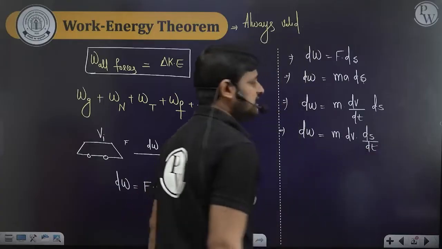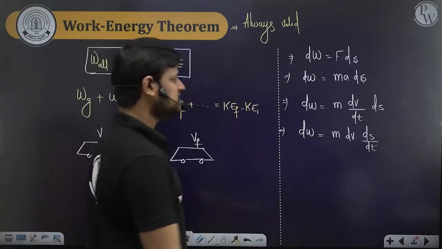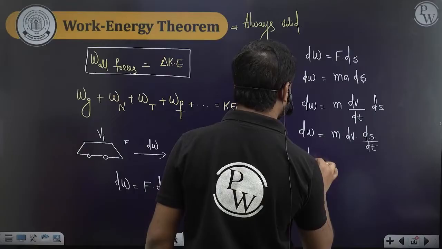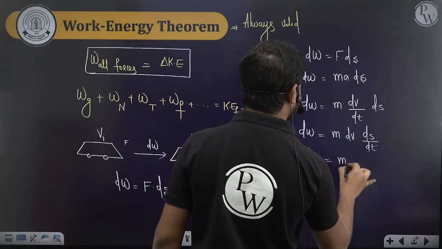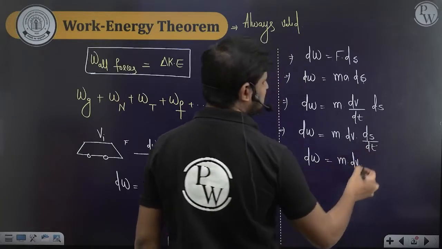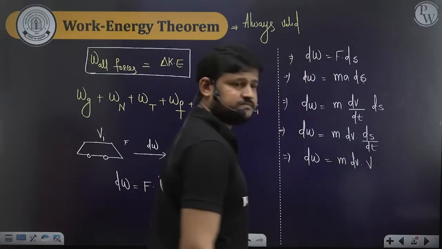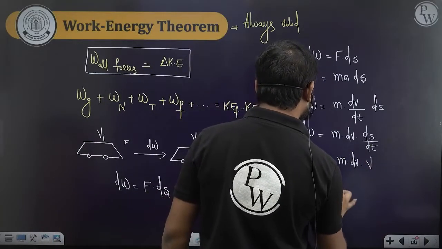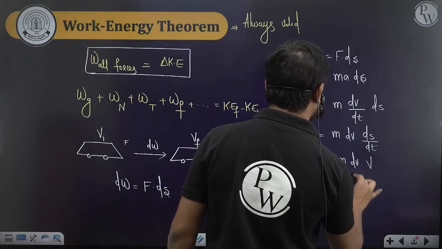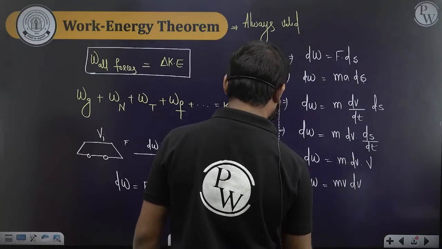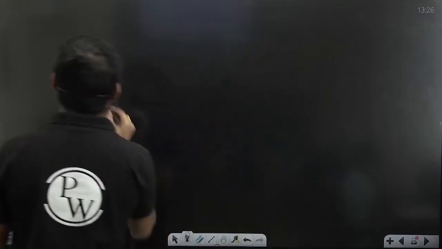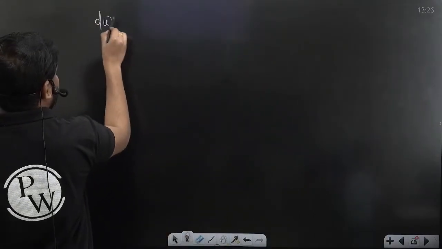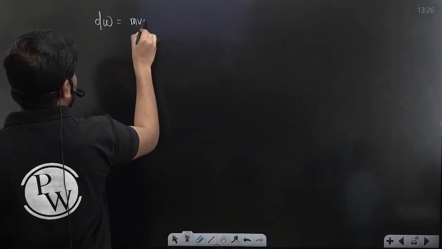Chalo, so what is ds by dt? The velocity v. So from here, dw is equal to mv dv, right? Now let's write it in the next slide. We have got the work done dw is equal to mv dv.